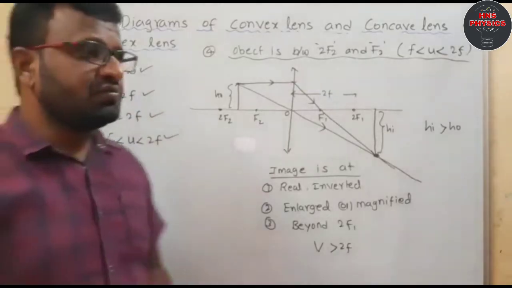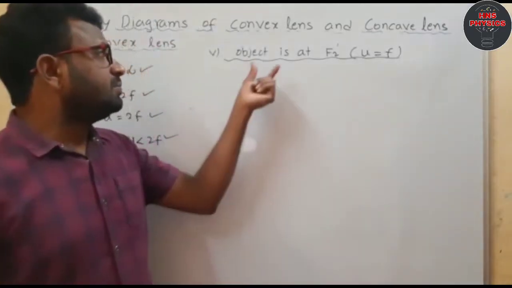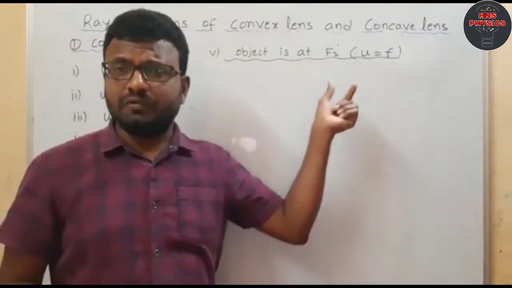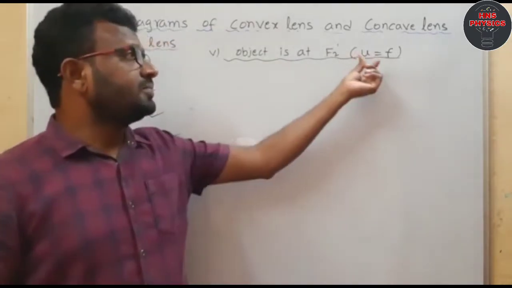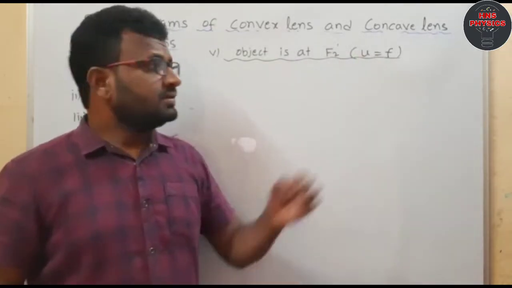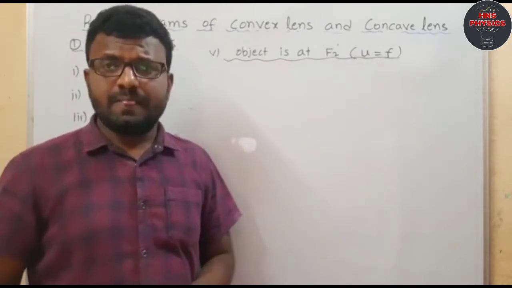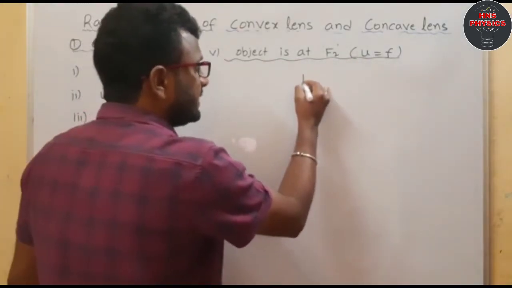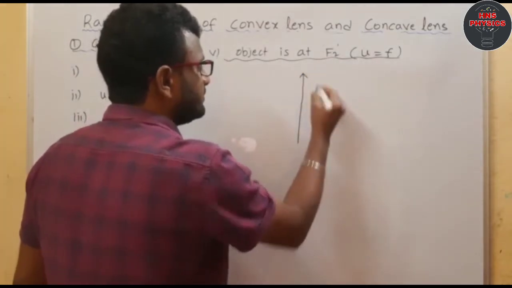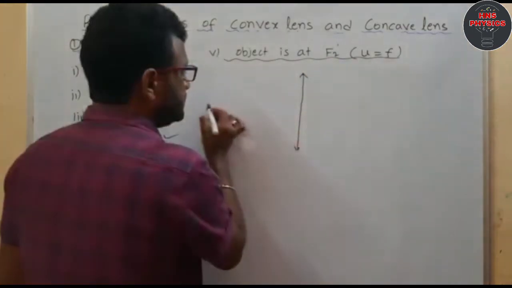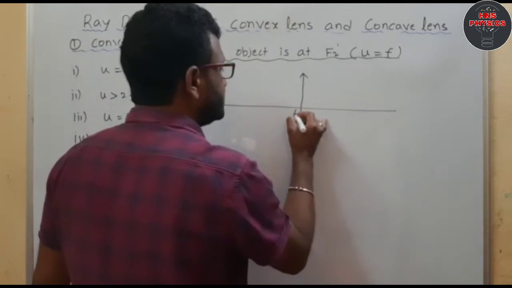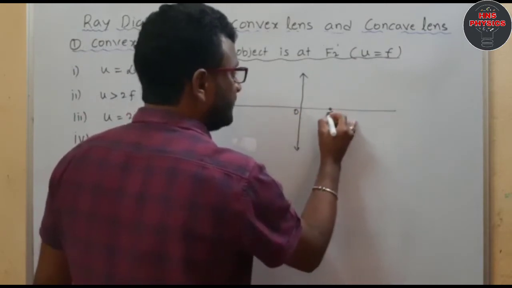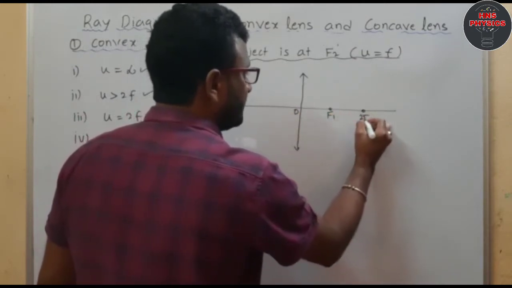Next, come to the fifth one. Right, here the object is placed at f2. That means the object is placed at the principal focus from the lens. So here I am taking a convex lens. This is the optic center, f1 and 2f1.